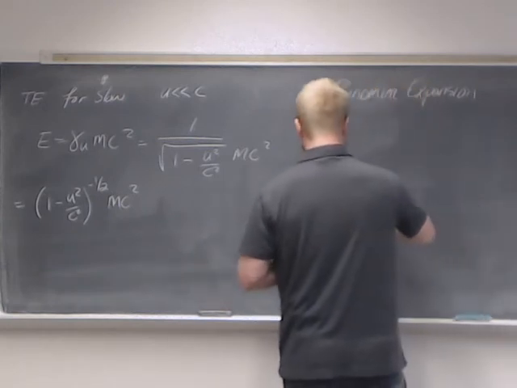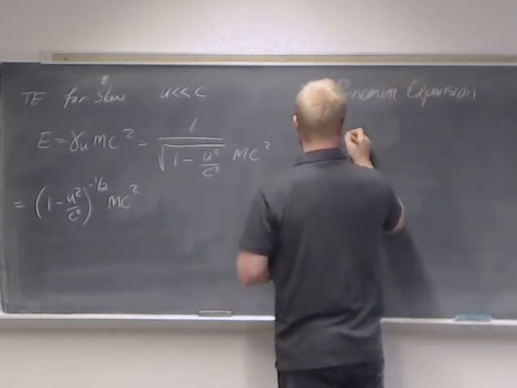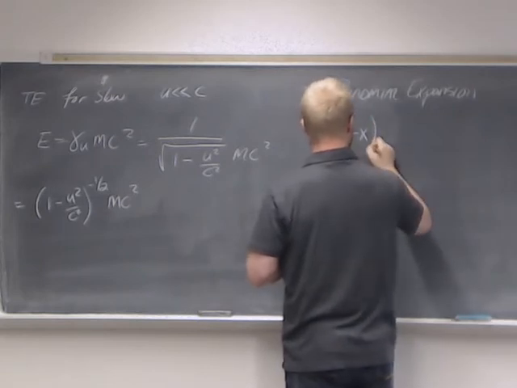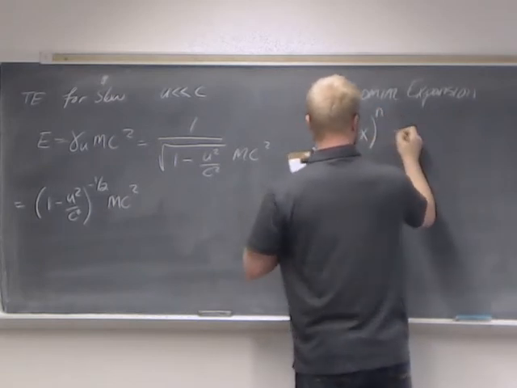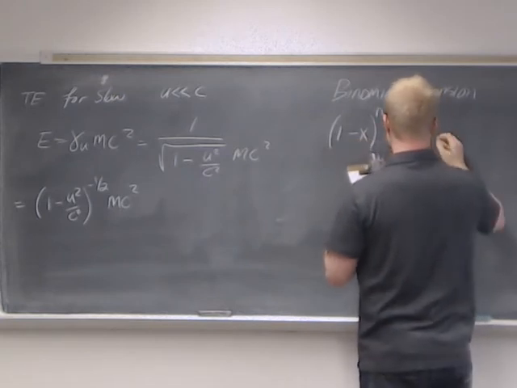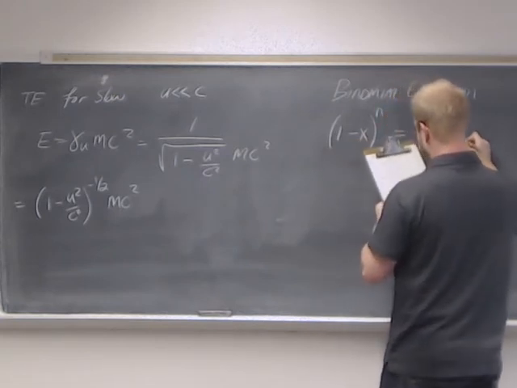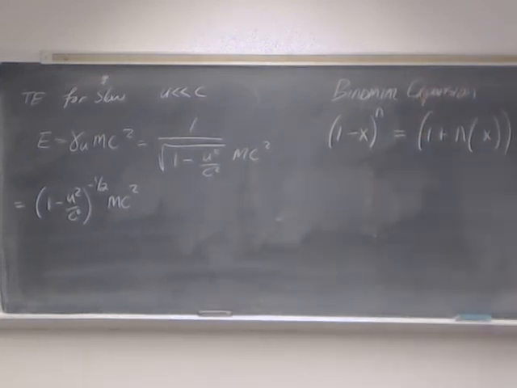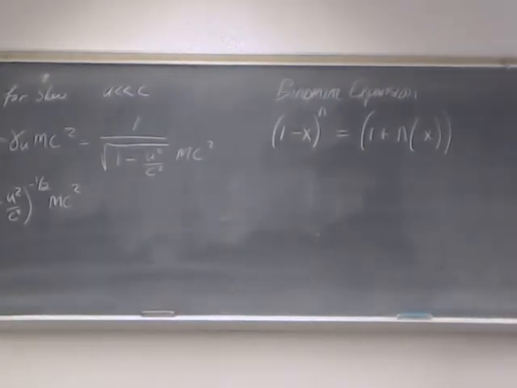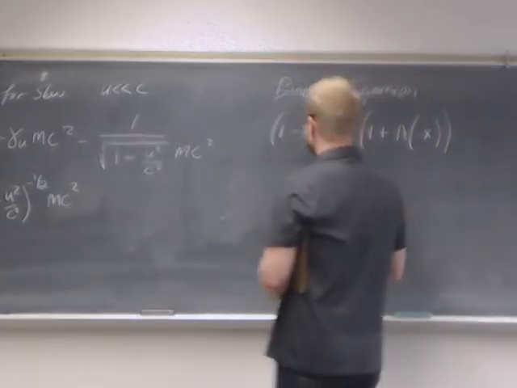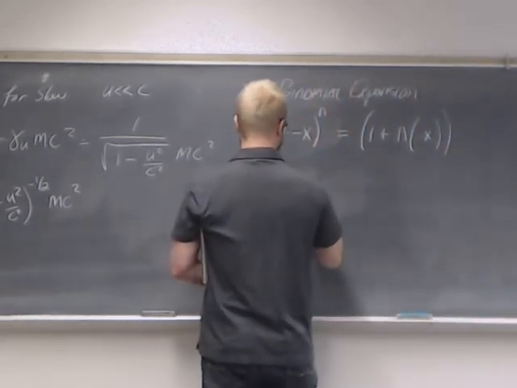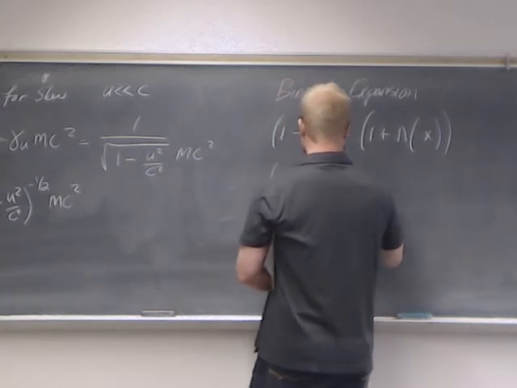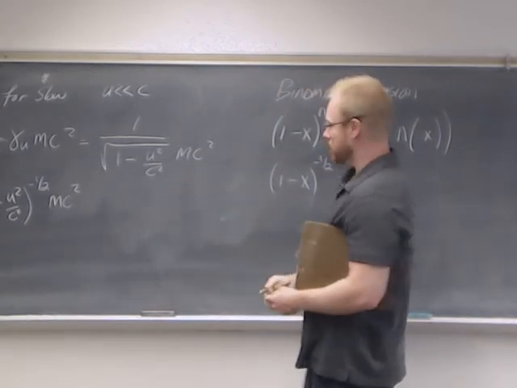Binomial expansion, which states that 1 minus x to some power n is going to be equal to 1 plus n times negative x. So for our case, we've got negative 1/2 up here, where I'm going to let x be this u squared over c squared.